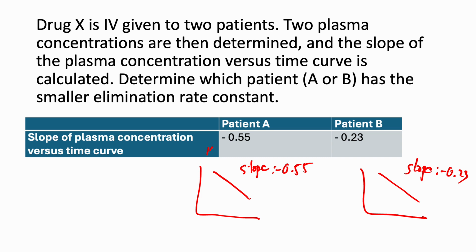So the K will be equal to 0.55 for patient A. Here, K will be equal to 0.23. So look at the two values. The elimination rate constant K of patient A, 0.55, is higher than the K of 0.23. So the elimination rate constant of patient A is larger than the elimination rate constant of patient B. Or we can say that patient B has the smaller elimination rate constant.